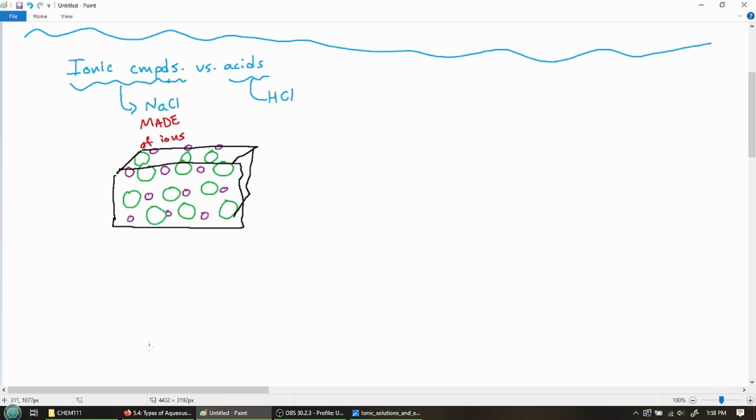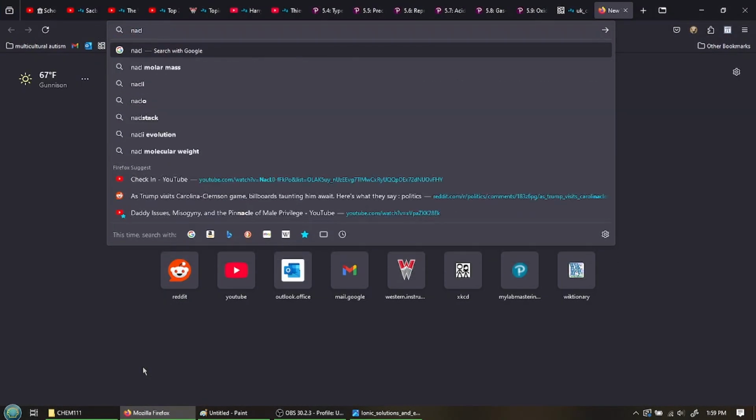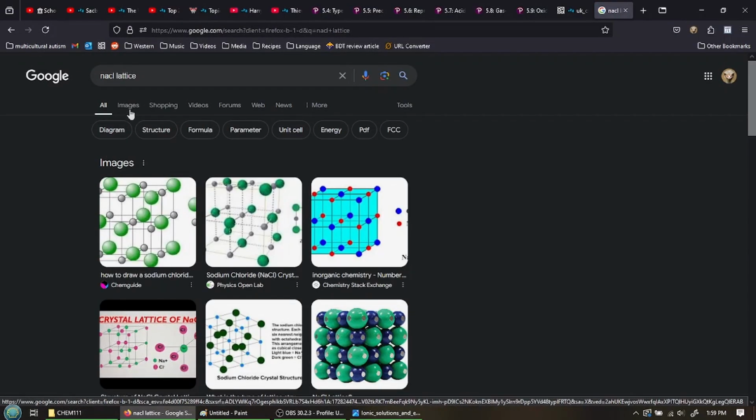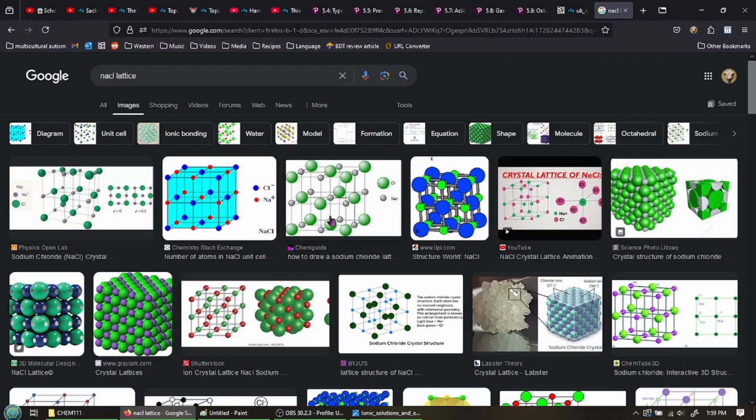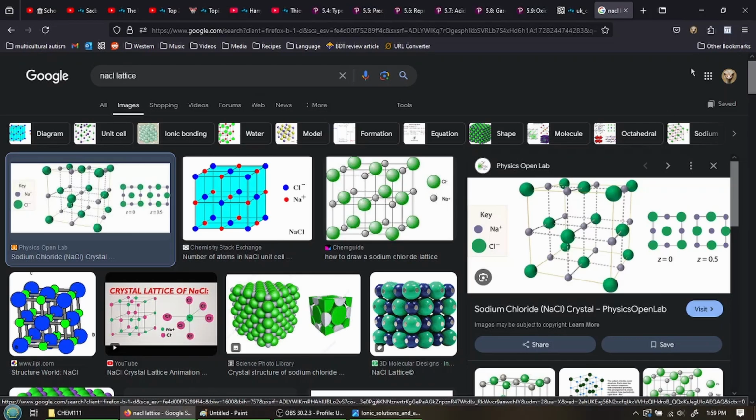So in fact, I'll tell you what, I'm just going to go over to Google here and do what I should have done before. And now we see, albeit with the same color scheme, that this is a three-dimensional repeating structure in space, okay?